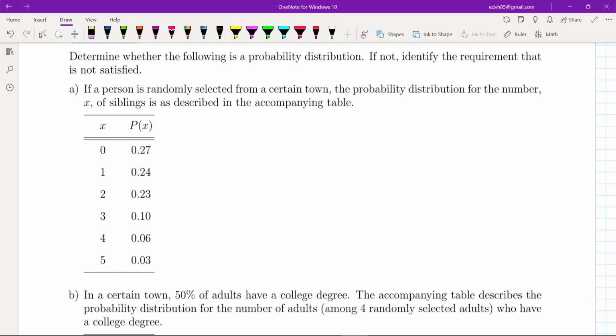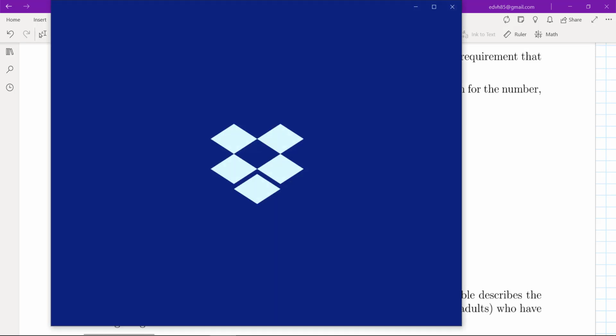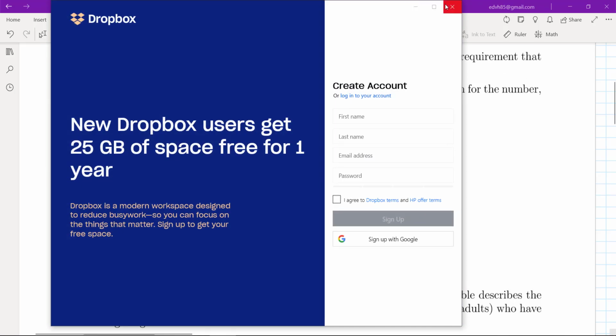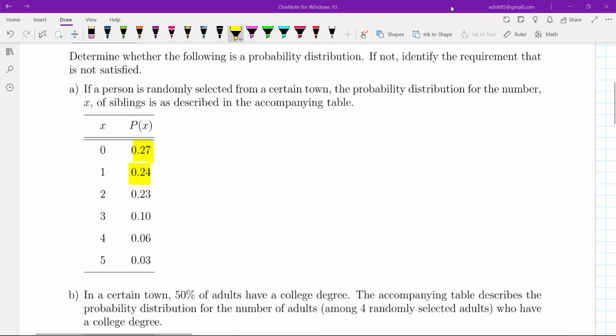Well, 0.27 or around 27% say 0, 24% said they had one sibling, 23% two siblings, 10% three siblings, 6% four siblings, and 0.03 or 3% had five siblings.